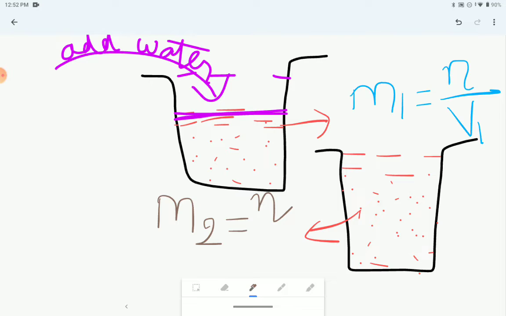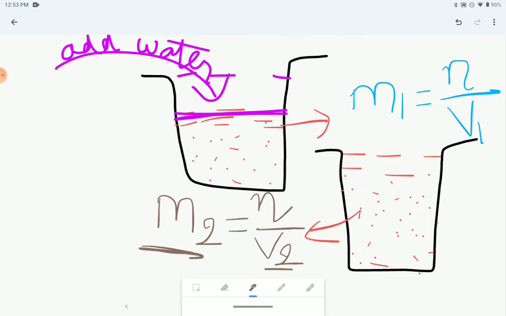Now let's say we are adding some water into that same beaker, which had the same number of moles, same mass, same volume. We are adding some water into it. Then due to the rise in water level, mass changes, which is m2, let's say, and volume changes because there is an increase in volume.